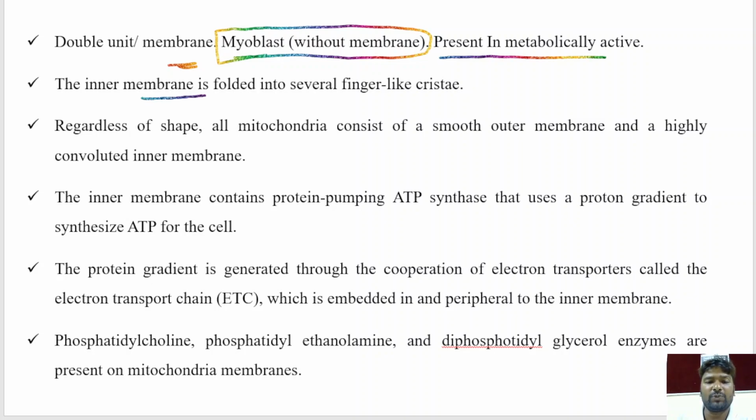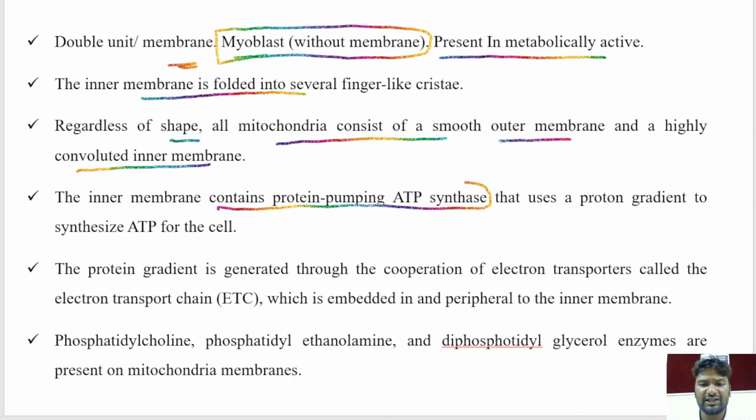The inner membrane is folded into several finger-like cristae, and regardless of shape, all mitochondria consist of a smooth outer membrane and a highly convoluted inner membrane, meaning folded. The inner membrane contains the proton-pumping ATP synthase, which uses a proton gradient to synthesize ATP for the cell. We will also discuss this in photosynthesis and respiration.